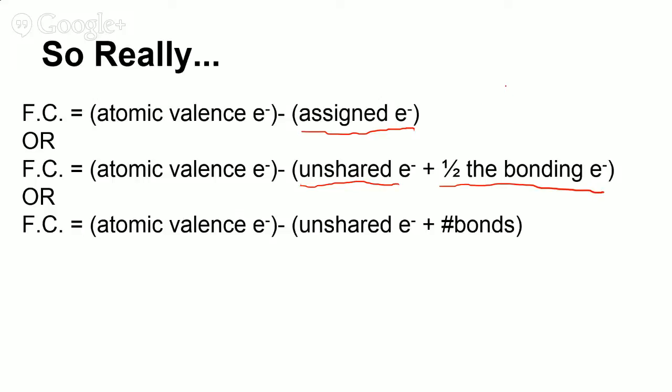Now, every bond is 2 electrons, so that's 1 bond, and for each bond, it's 1 assigned electron. So it's the valence electrons minus the unshared electrons and the number of bonds, because for each bond, we get 1 of the electrons.